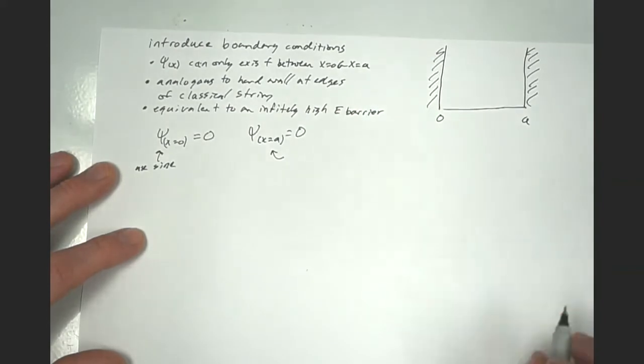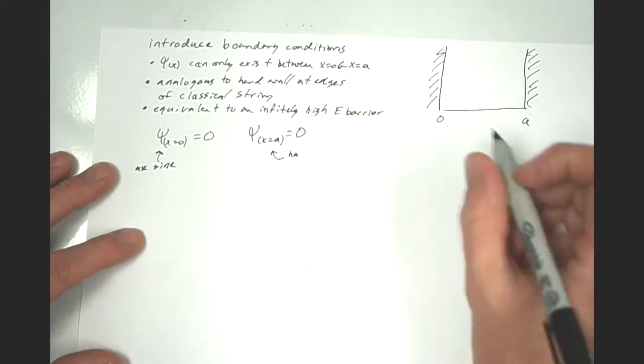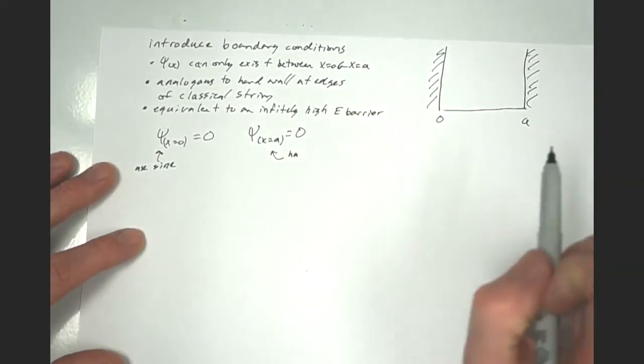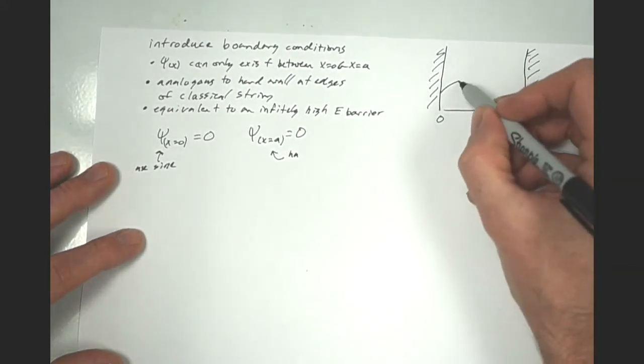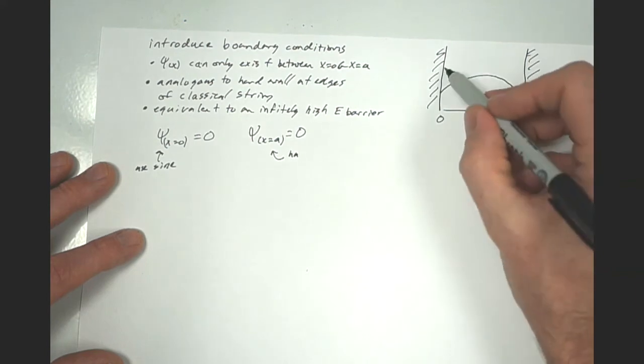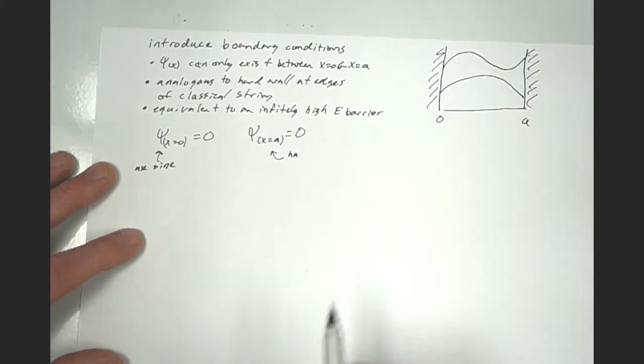And for this one, we've got to make sure that in order for these wave functions to fit into the box, they need to be integer numbers of half wavelengths.